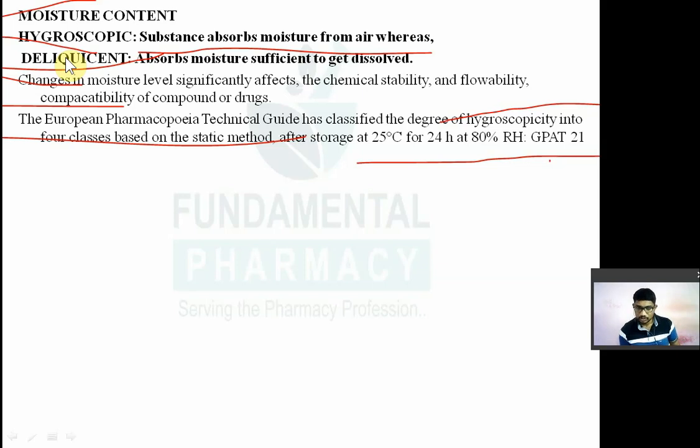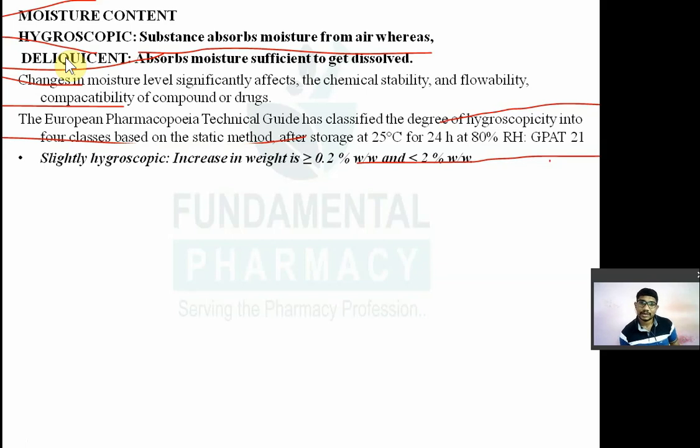So depending on that they have divided the compounds into different categories. First one is slightly hygroscopic. What do you mean by slightly hygroscopic? Now if your compound absorbs the moisture and the weight is increased which is less than 0.2%. So depending on the European technical guide they have classified the degree of hygroscopicity in 4 classes: slightly hygroscopic, hygroscopic, very hygroscopic and deliquescent.